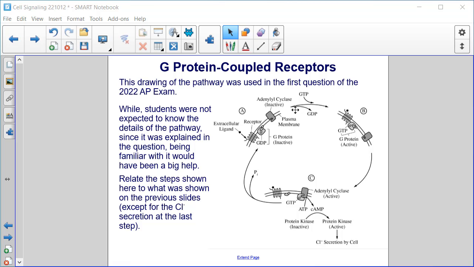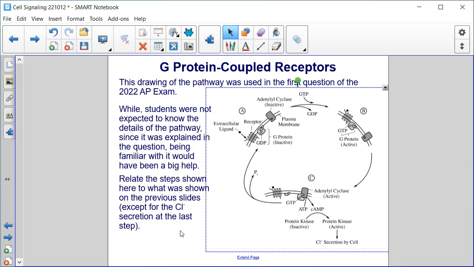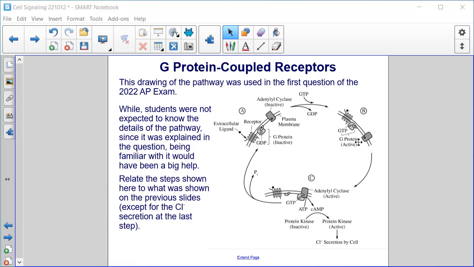The GDP is displaced and replaced by GTP, activating the G protein here. Once the G protein is active, remember we talked about how it can then travel to the adenylyl cyclase, which we see here.